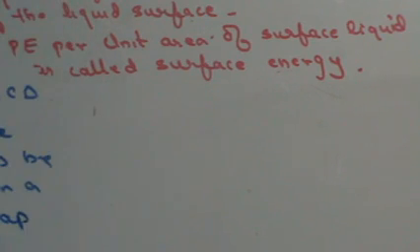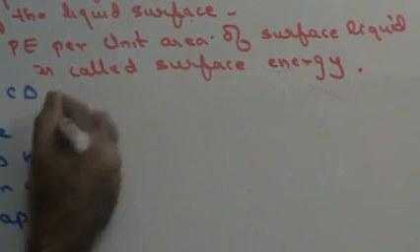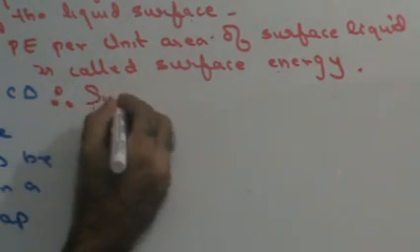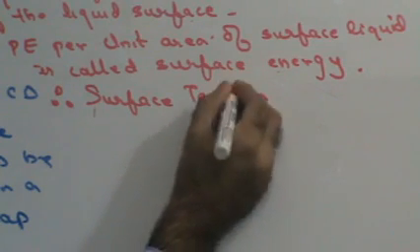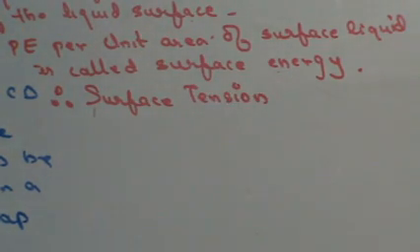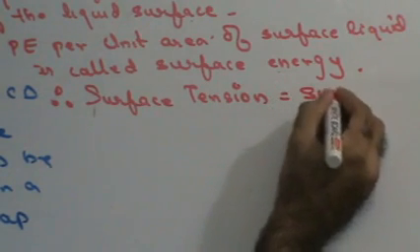Surface tension is equal to mechanical work done to produce unit area, and work done to produce unit area is stored in the form of potential energy, and potential energy per unit area is the surface energy, right? Hence I can say that surface tension is equal to the surface energy of the liquid.